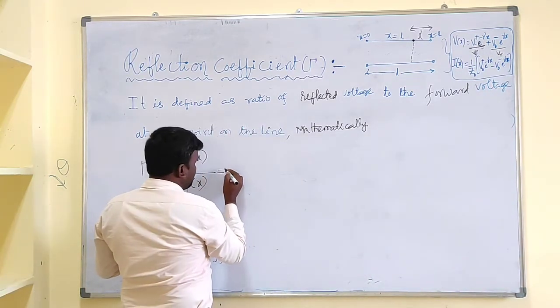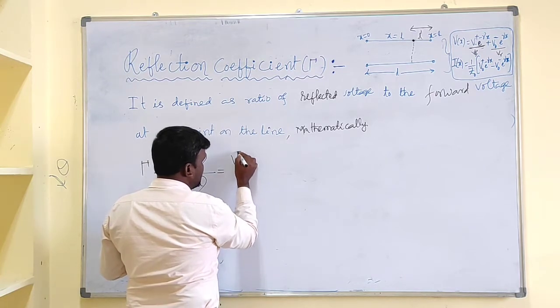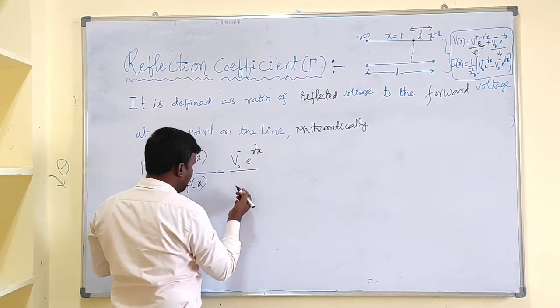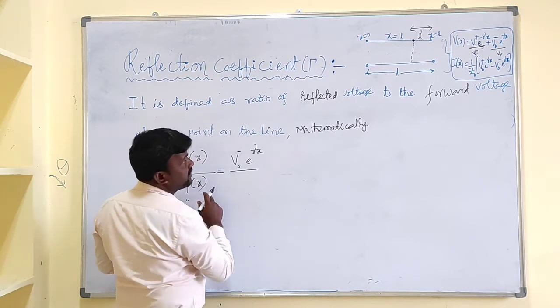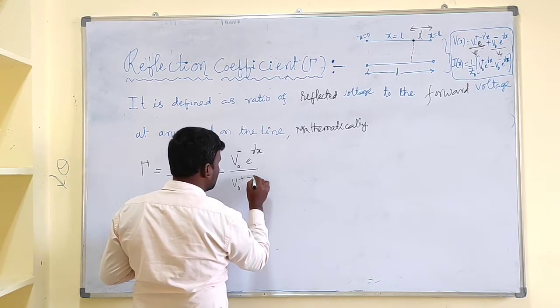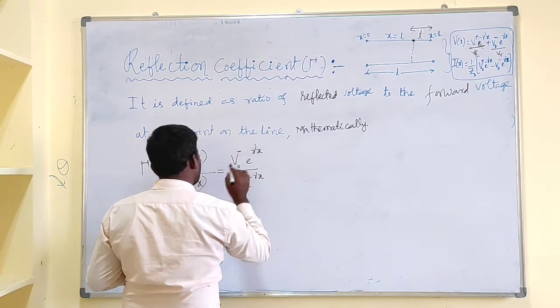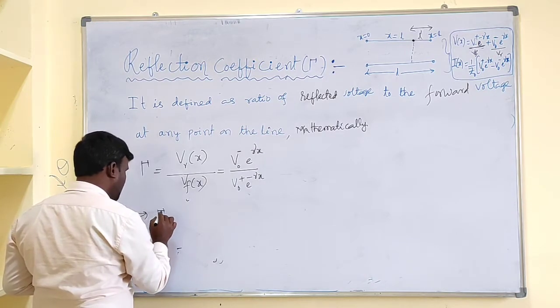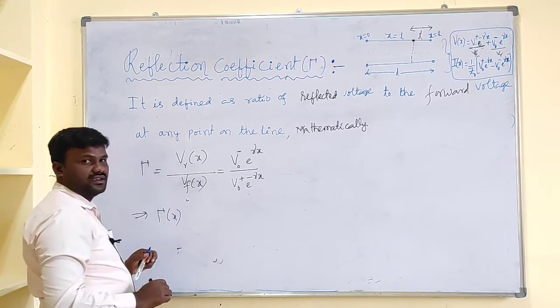VR of x can be written as V0 minus e to the power gamma x, and V of x, the forward voltage, is the first one, V0 plus e to the power minus gamma x. This is the gamma. Therefore, gamma at any point, or gamma of x, we can call.